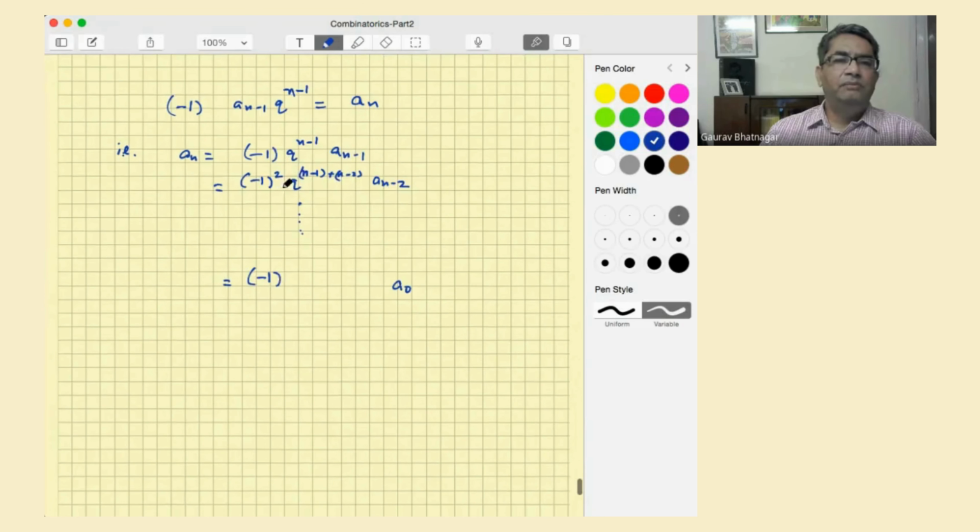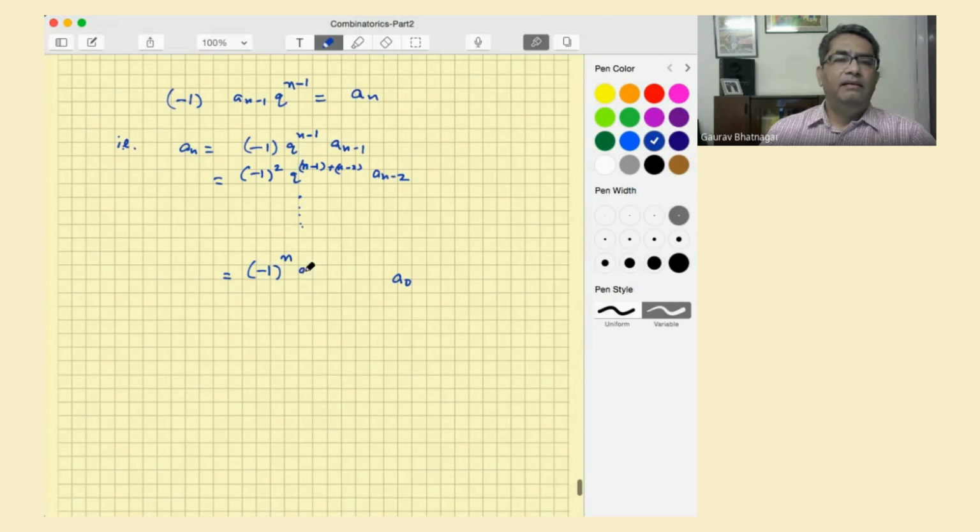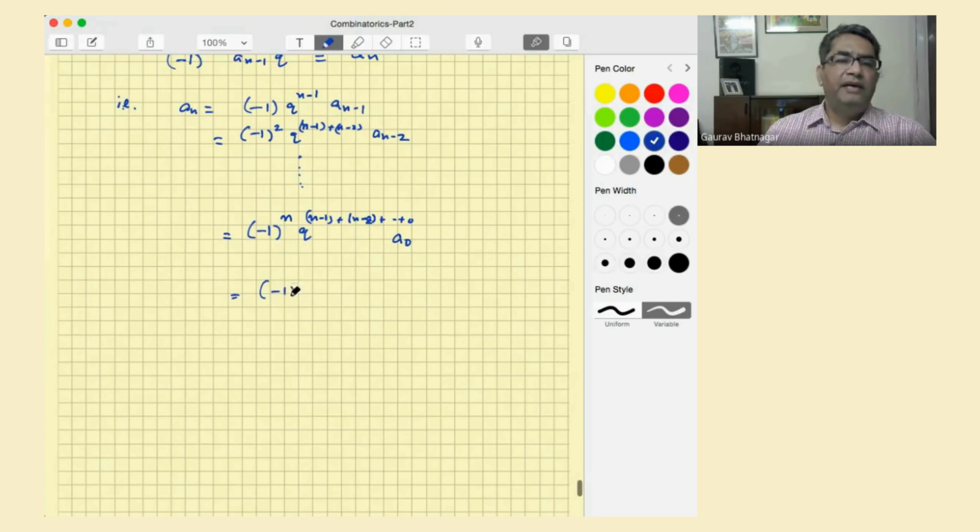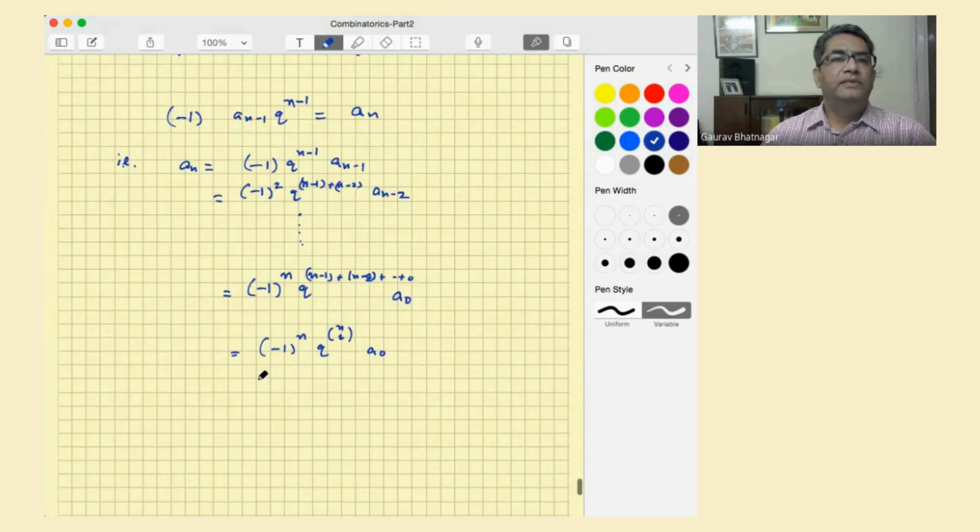Minus 1 raised to the power n, q raised to n minus 1 plus n minus 2, and it will keep going on till you get n minus n, which is 0. So you get minus 1 raised to n and q raised to n choose 2 times a_0. That's okay?